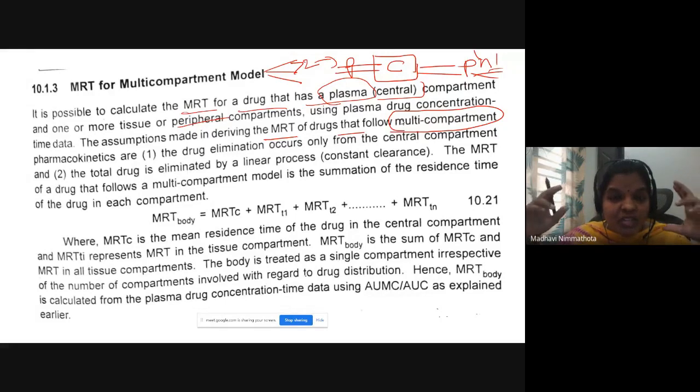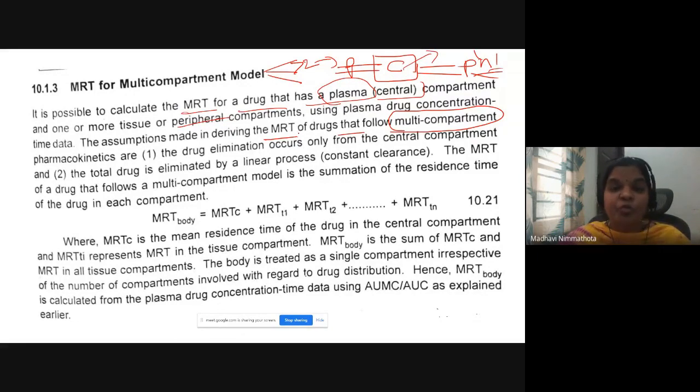In the one compartment case, you assume our body as a single compartment. In multi-compartment, our body has multiple compartments for drug distribution. In that, the central compartment has highly perfused tissues, and the less perfused tissues are peripheral compartments. So the drug is distributed from the central to the peripheral.